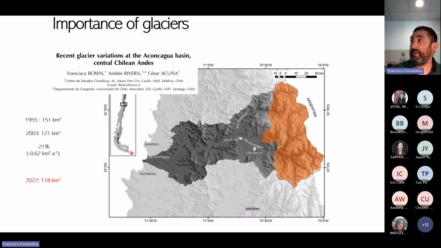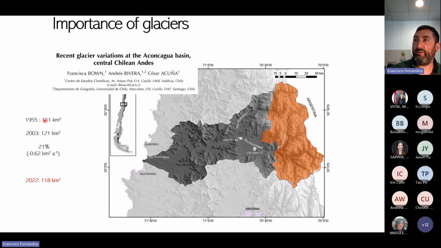It's an important basin because there are a lot of glaciers supplying water for all these cities located here, and not only cities, but also some agricultural industry, which is quite important in this part. And we see, of course, that the glaciers are retreating at quite fast rates.